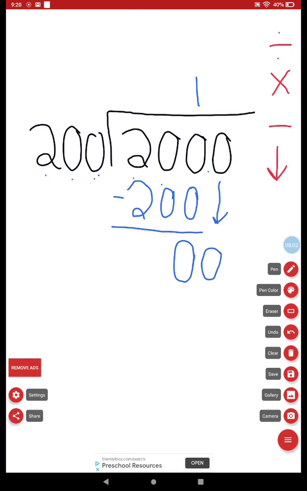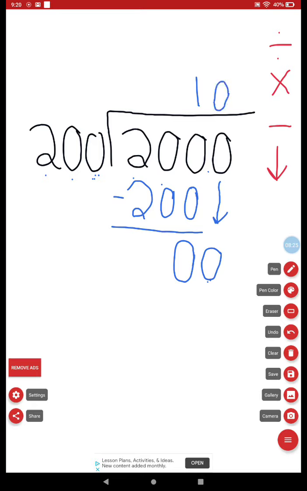Okay, now I've got to ask myself, what's 0 divided by 200? That's kind of tricky. Think about it this way. If I have $0 and I want to pass it out to 200 people, how much money does each person get? Very good, it's 0.